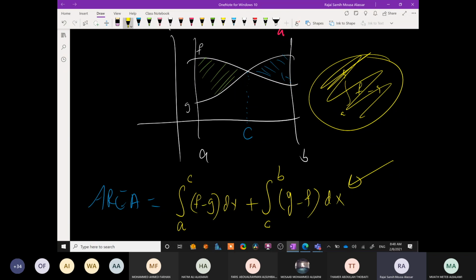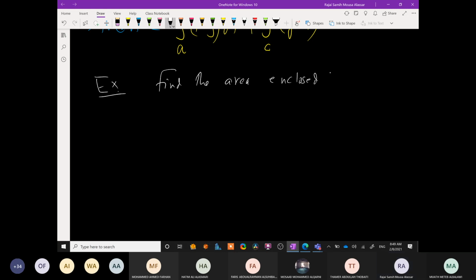So we have what we want to do. Okay, let's just do some examples. And there's nothing new, as I earlier said. You already know this. Okay, the first example. We find the area enclosed by y equals x squared and y equals x.